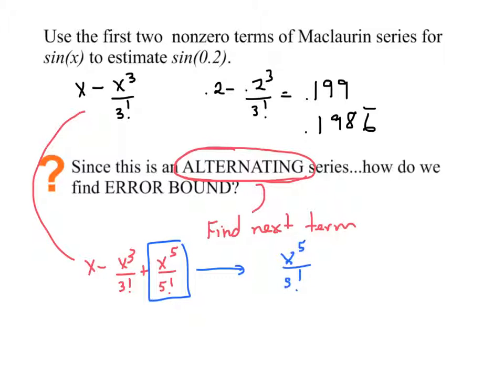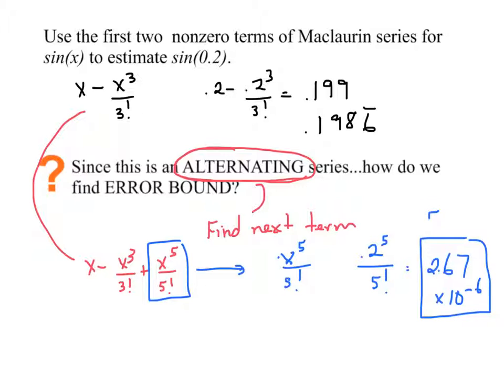Now I simply plug 0.2 into that, since I've already plugged it into the series. When I do that, I get 2.67 times 10 to the negative 6th. This is my error bound.